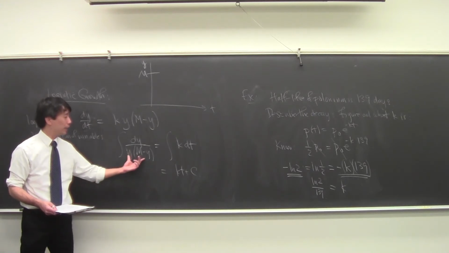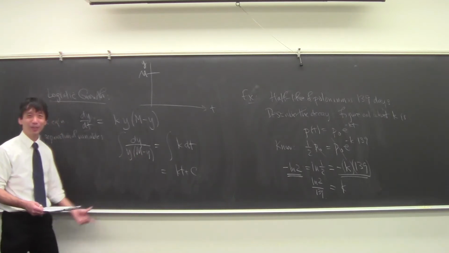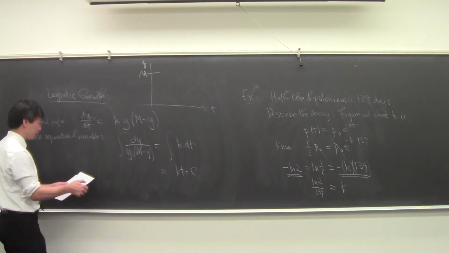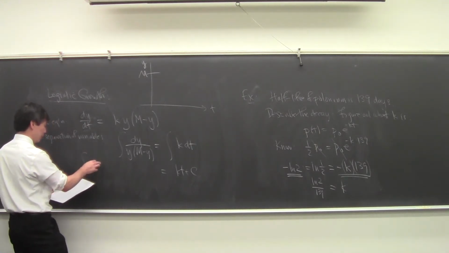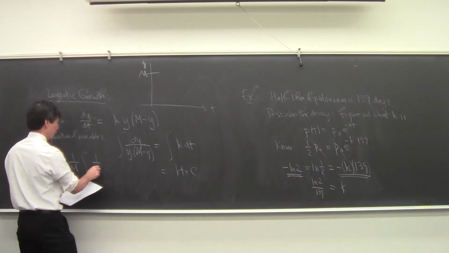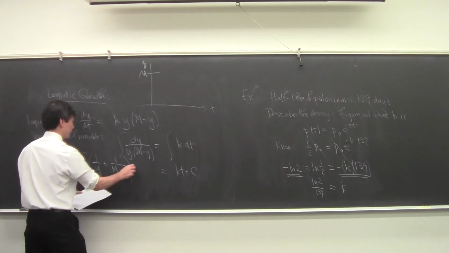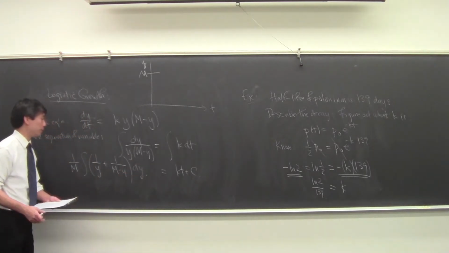On the left-hand side, how do you integrate something like this? Partial fraction decomposition. Right? So partial fraction decomposition turns out to be the way to do it. Turns out that you get 1 over m times (1 over y plus 1 over (m minus y)) when you do your partial fraction decomposition.